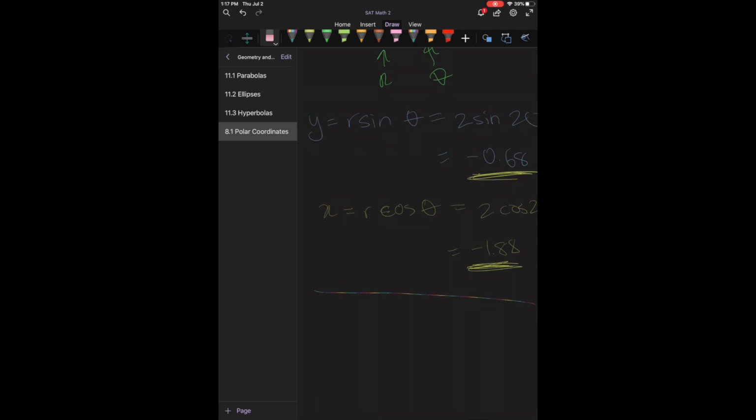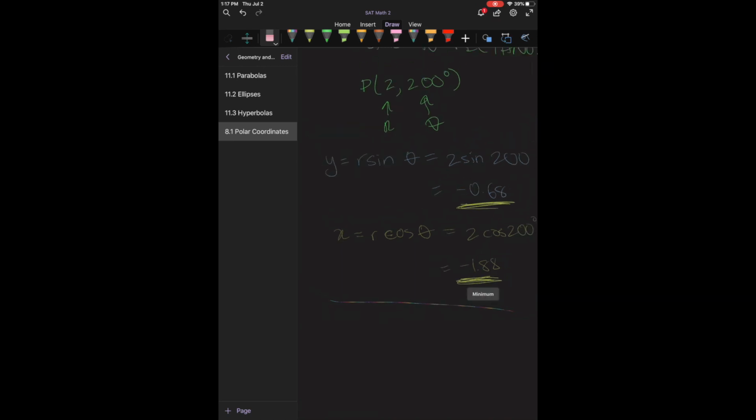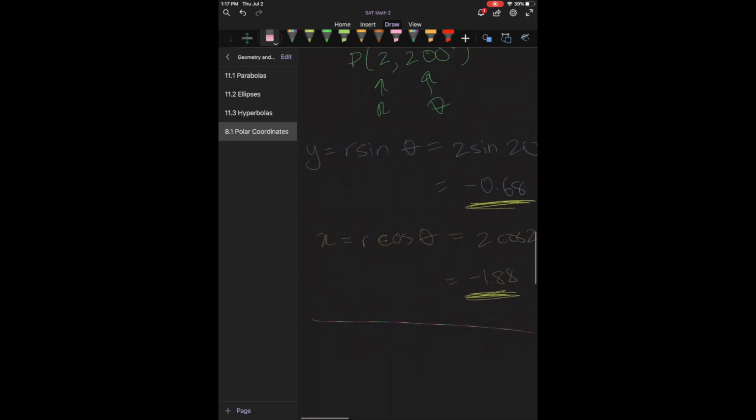I remember the first time I saw it, I was very lost, very confused. But I got the hang of it now. But regardless, it would be a lot easier to use your graphing calculator. Okay, so I think that's all I have to say about polar coordinates for now.